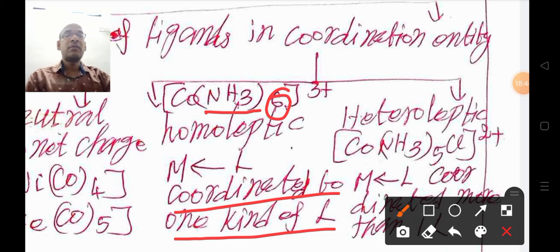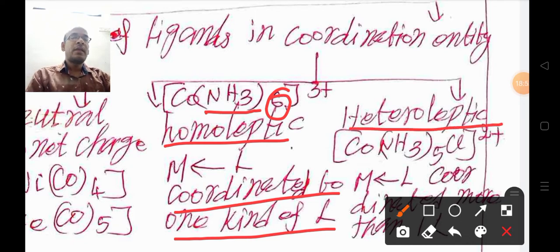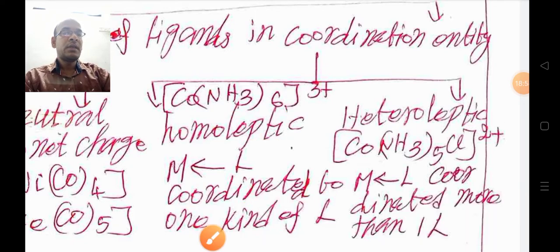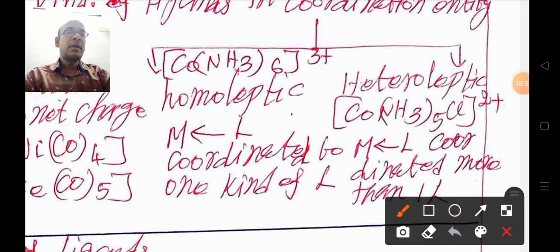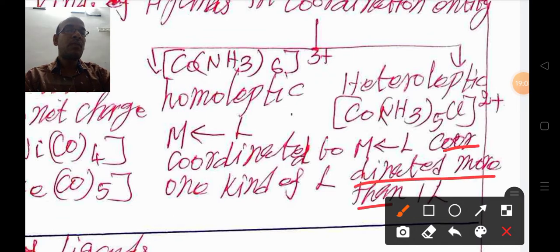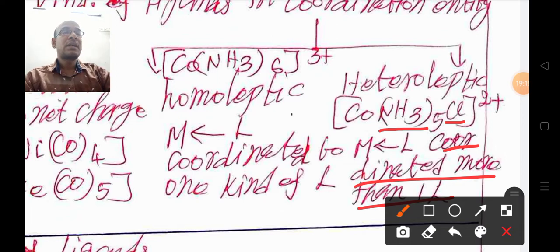Therefore, homoleptic coordination entity. Second is heteroleptic, in which the coordination complex has more than one type of ligand. In this case, ammonia is one type of ligand, and chloride is a second type of ligand. Therefore, this complex is called the heteroleptic complex.